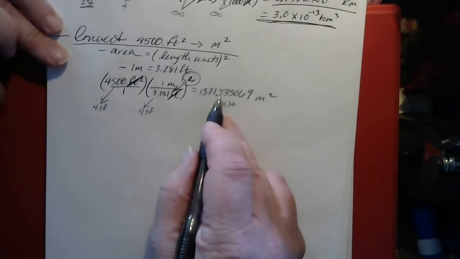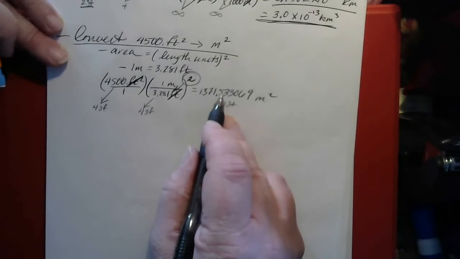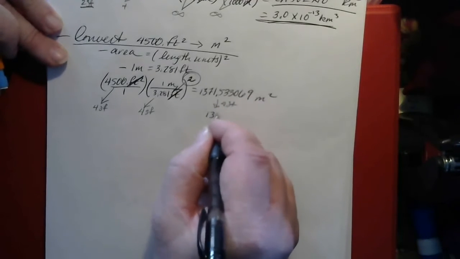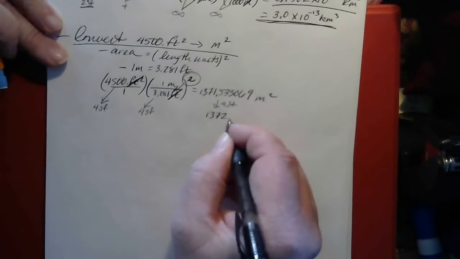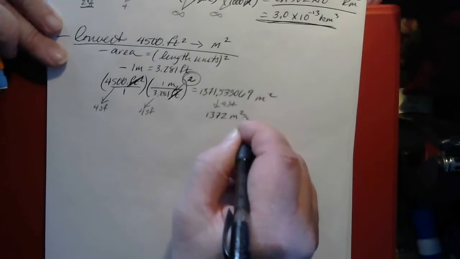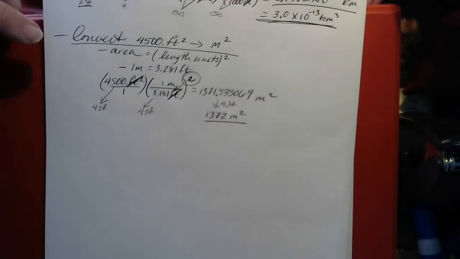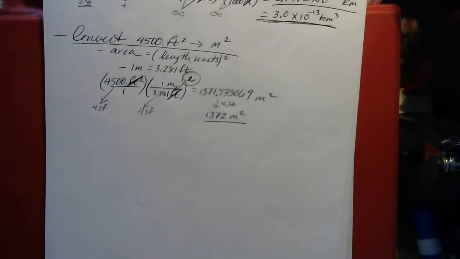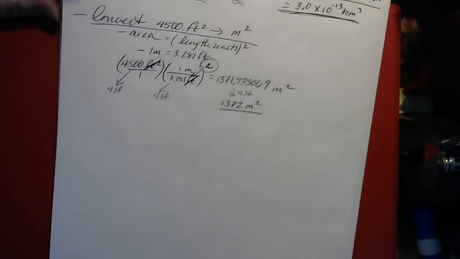The first number that we're dropping is a 5, which means the previous number has to go up by 1. So 1372 square meters is what we need. 1,372, that's 4 significant figures. So there you go. Okay, so that was interesting. We can also try, let's see. Oh, here's an interesting one.